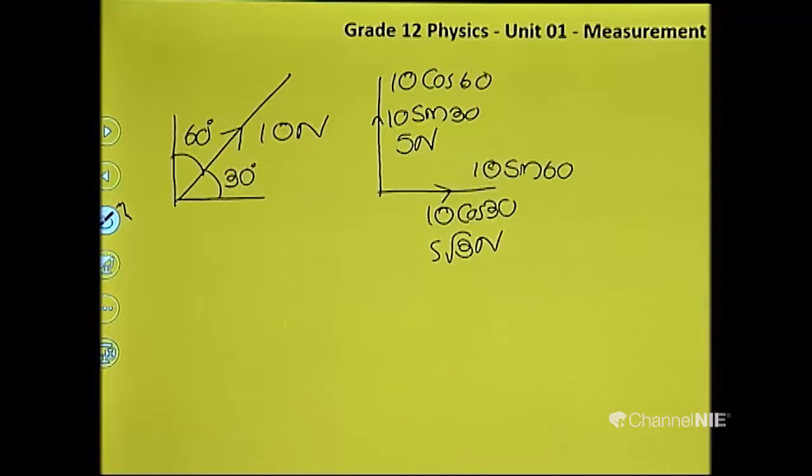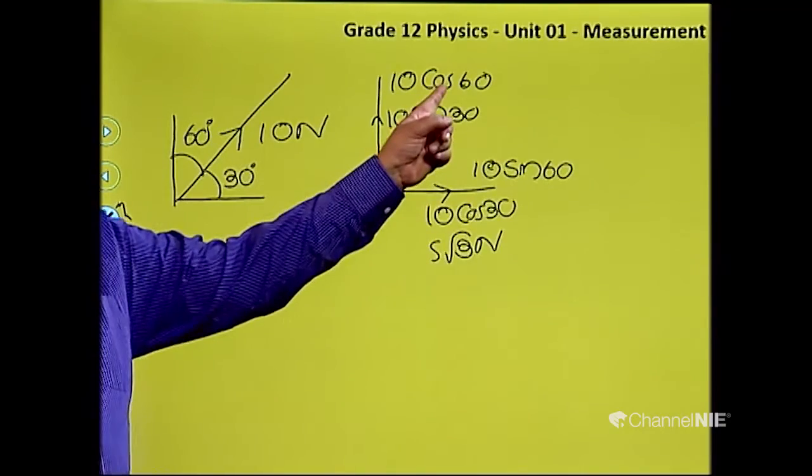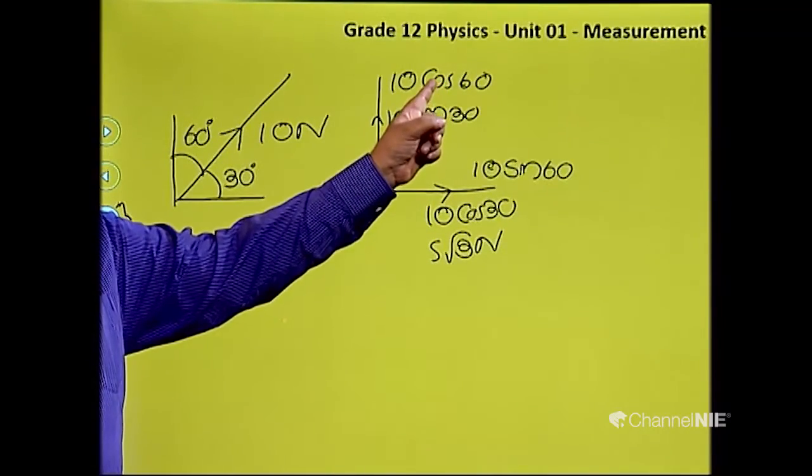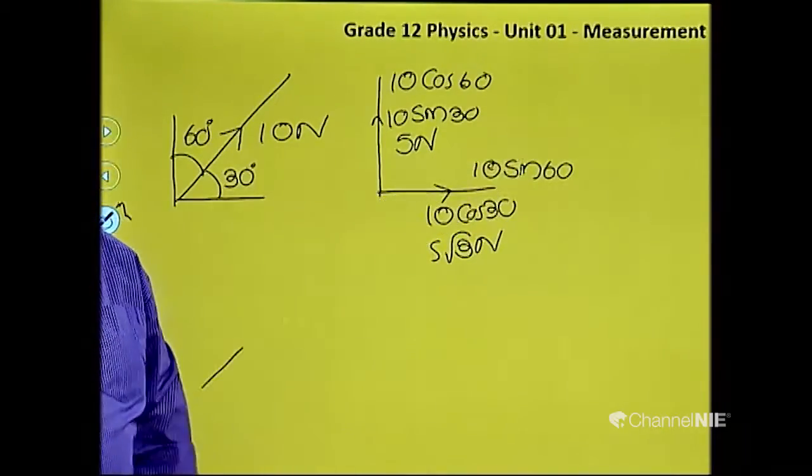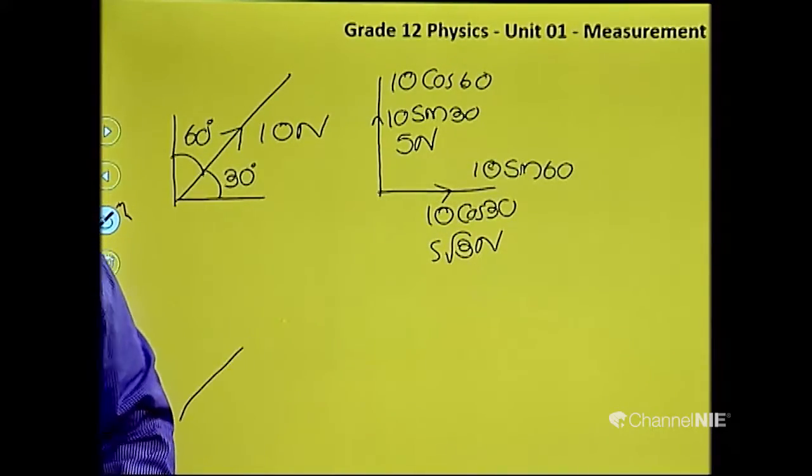Now you will see same answer because cos 60 half, half means again 5. Sin 60 root 3 over 2, same answer.